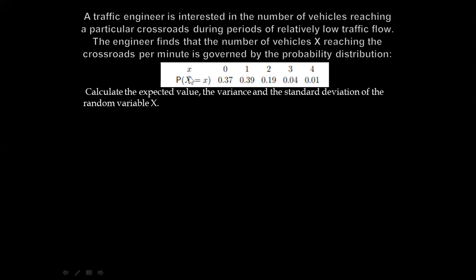For X equal to 0, 1, 2, 3, and 4, the probabilities P of X are 0.3740, 0.3941, 0.1942, 0.0443, and 0.0144.